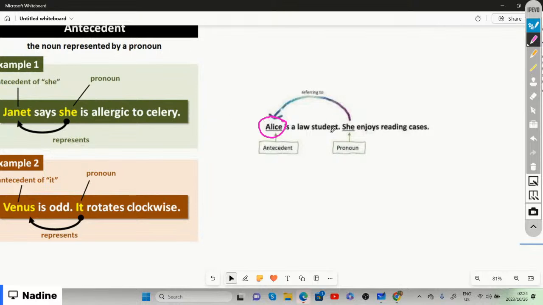So instead of saying Alice enjoys reading cases, we represent it with a pronoun, which is she. And she is referring to Alice. So Alice is a law student and she enjoys reading cases. So she is our pronoun and Alice is our antecedent, which is the noun.